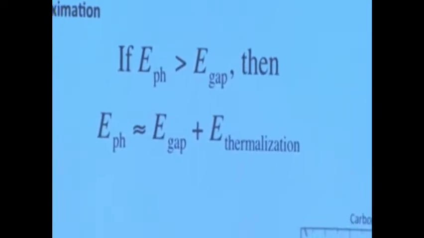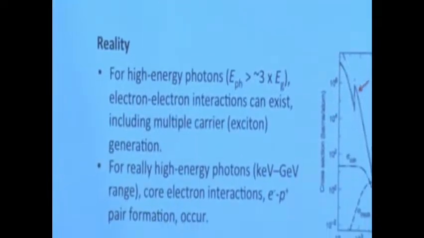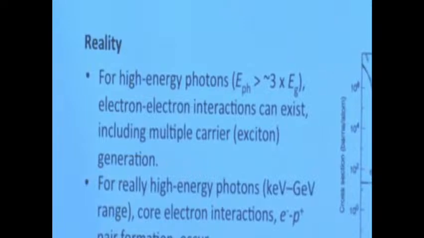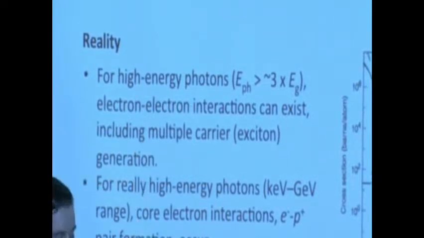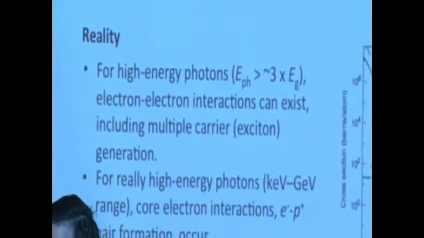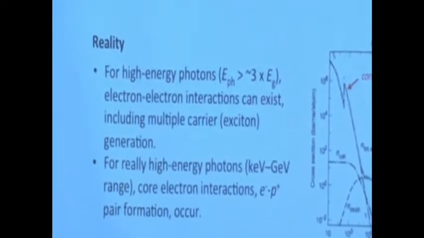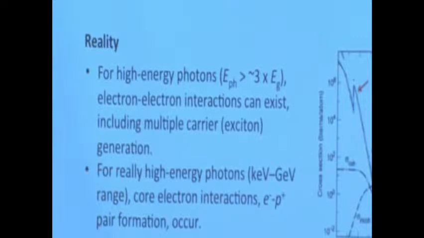The reality is that for very high energy photons, say for example photons with 3 times the band gap energy or more, you can have electron-electron interactions. So if you excite one electron to a very highly excited state, it can bounce around and in the process excite another electron across the band gap. That's the case when X-rays are incident on a piece of silicon, for instance.